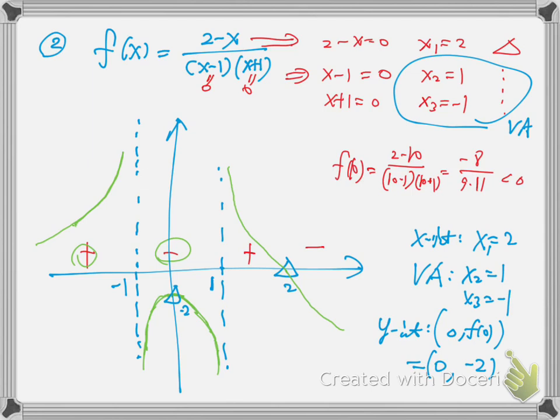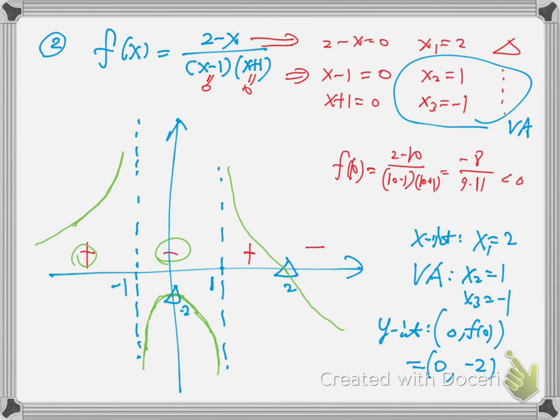There's also something called horizontal asymptotes. One understanding is you replace x by 1 million, and you'll see it approaches one number. Here for this example, this will be 1 million over 1 million times 1 million, so it's 0. So the horizontal asymptote is 0.